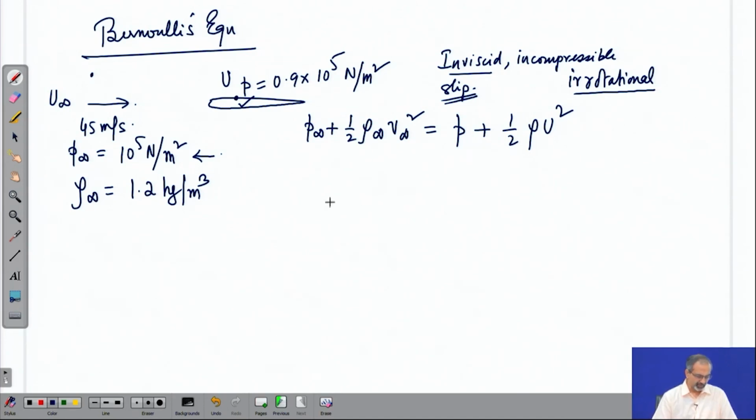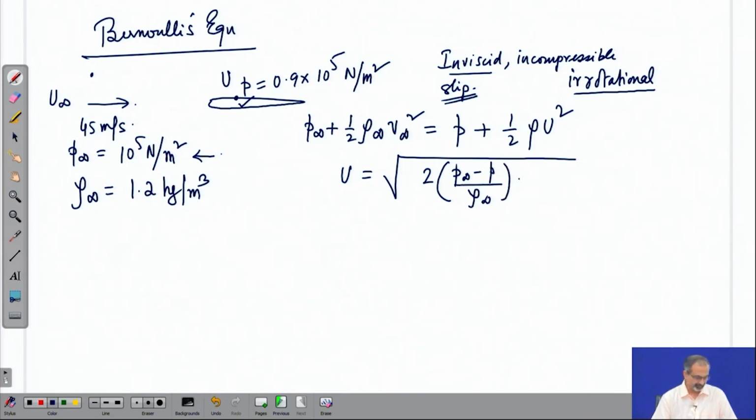So, once you do this, you can rearrange the terms and express the velocity in terms of the other quantities in this way, and because it is incompressible, there would be no significant density changes, and therefore, we consider it to be constant. And then once you plug in those values here, you will see that the velocity comes out to be 136.7 meters per second at that point, which is significantly larger than this.